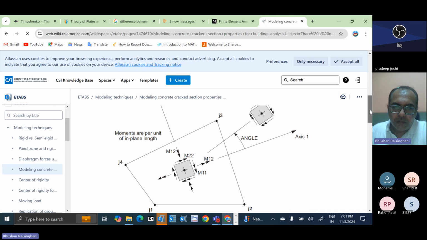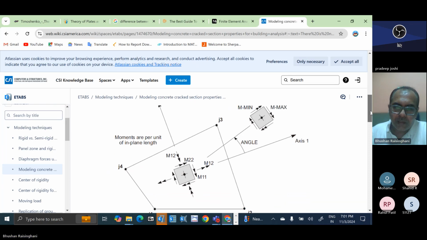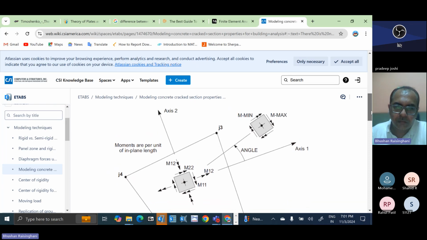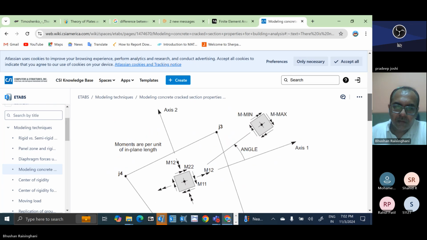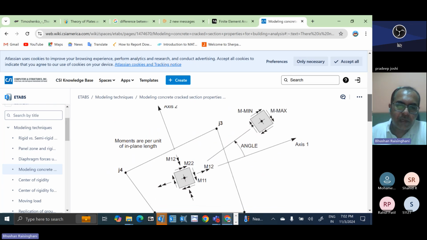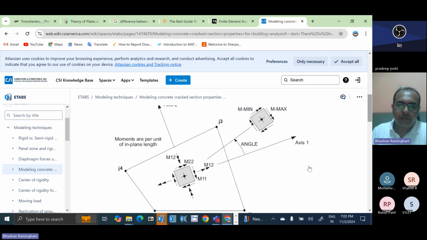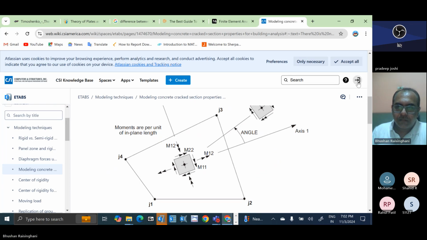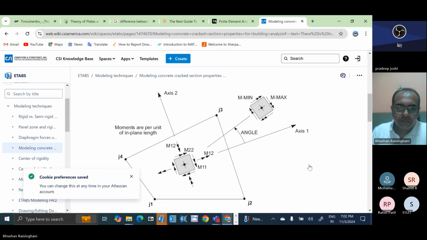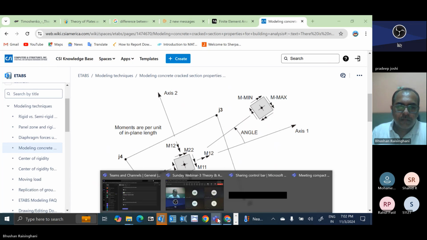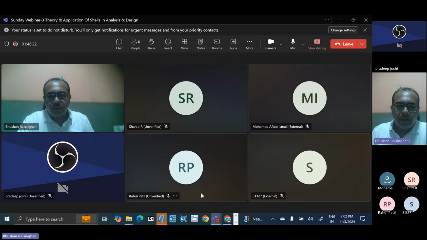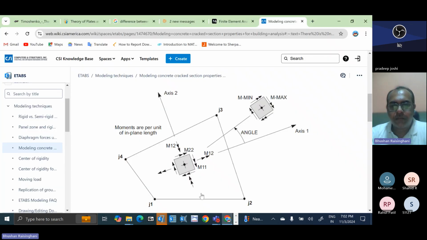So I hope now you are able to understand with the diagram that I had drawn for dx, dy, dz, and what they have drawn for axis 1, axis 2. Okay. So are you able to relate with it or not? That is my question. So anybody would like to speak on that? Are you able to relate it or not with the sketch I had made?